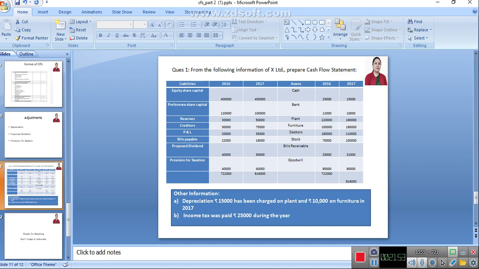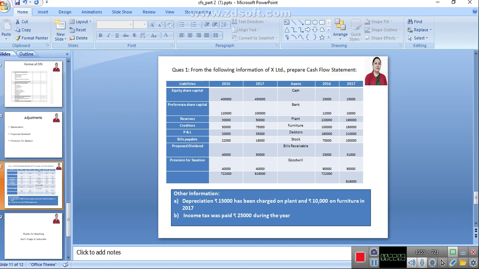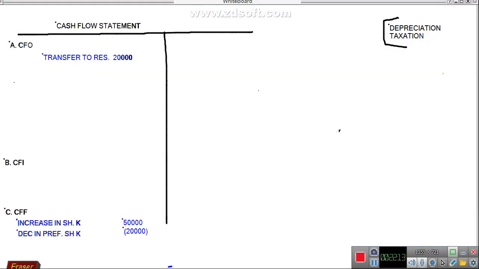Creditors, it is a current liability. 50,000 and 75,000. As in the format I told you, creditors 50,000 and 75,000. So it is showing you an increase in creditors. So the increase in creditors is 25,000. As I told you, when there is an increase in current liabilities, it will be added, and a decrease in current liabilities will be subtracted.